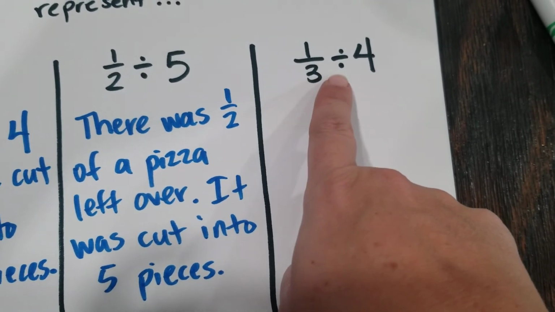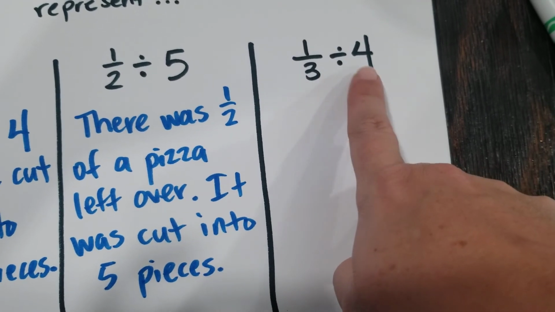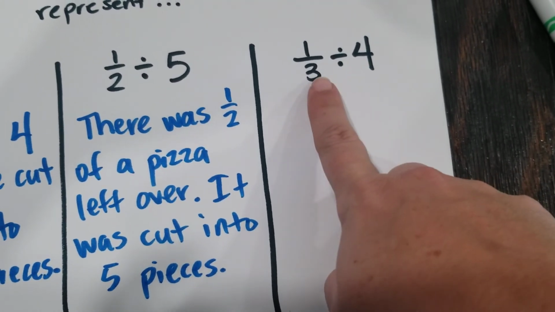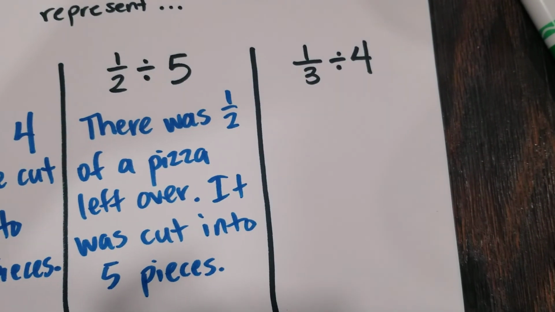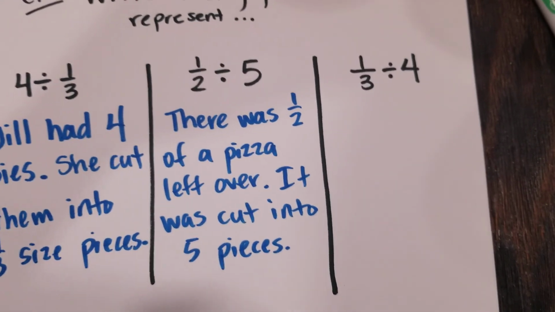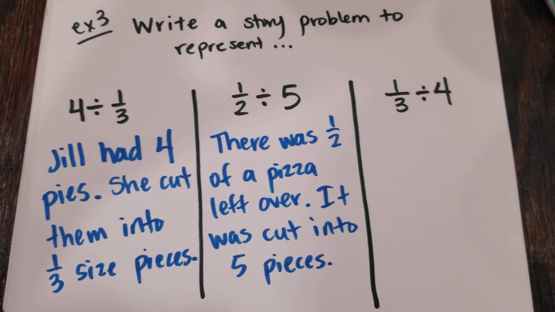You are going to then cut it or share it between 4 things. Or maybe you're sharing it with 4 friends, or maybe you're cutting it into 4 pieces. But you want it to always be this first number being whatever it is that you are cutting or splitting or sharing. All right, that is division with fractions and whole numbers, writing your own story problems. Have fun.